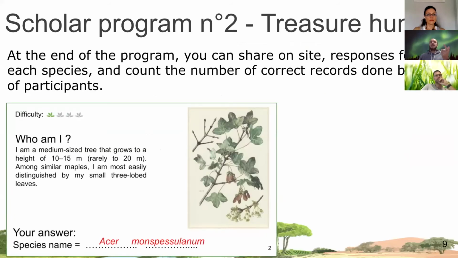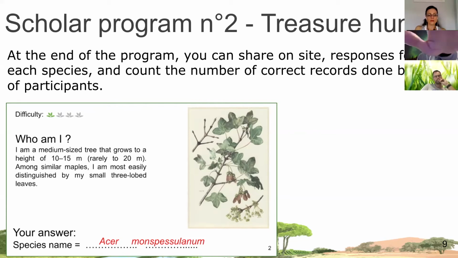And at the end of the program, you share with the participants on site, directly in the areas that you prospect, the response to each species. And here is the template that we share with the participants.